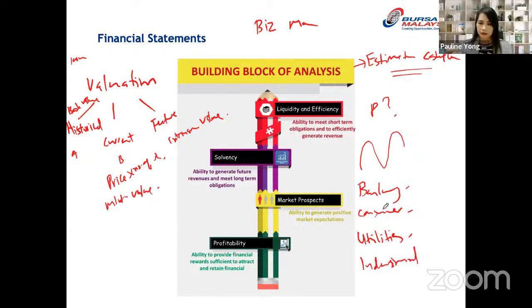Over the years, these sectors are rather easy to predict as long as your market share and your consumer branding are strong, and you are sure that your market share is slowly increasing along with the population and the income level of the people. So it's pretty much the same. You just have to estimate next year will be times a certain percentage, maybe 7% or 10% growth of the revenue.